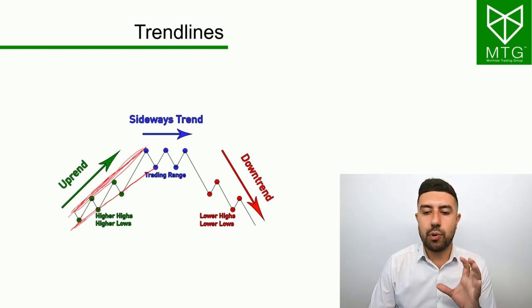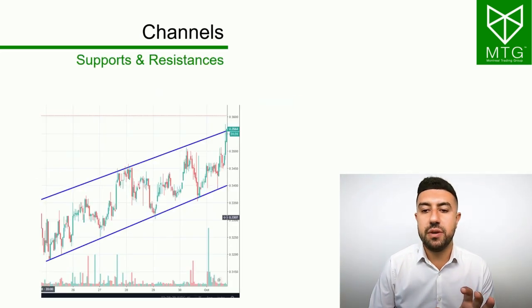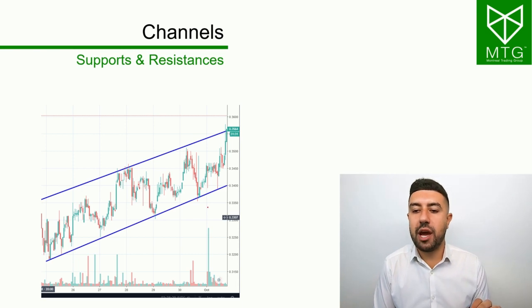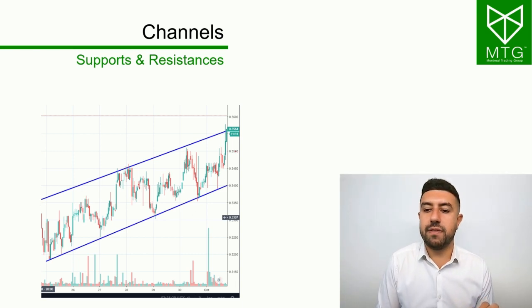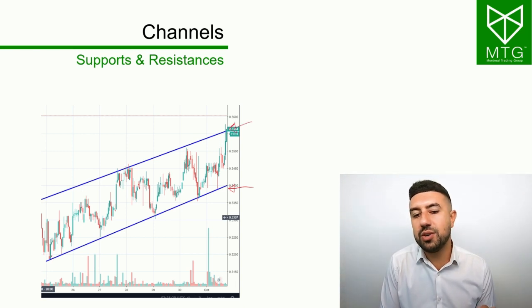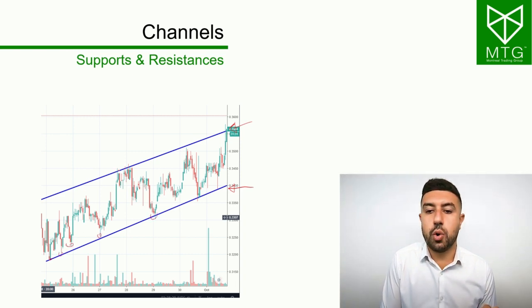So prices aren't just going to go in a direction, but they're going to go in channels. Okay. Prices are going to be fluctuating in channels. So we draw one line below the prices and one line above. And the one below, we call it support. The one above, we call it resistance. Why? Because the one below is going to support prices. And the one above is going to be a resistance for prices.